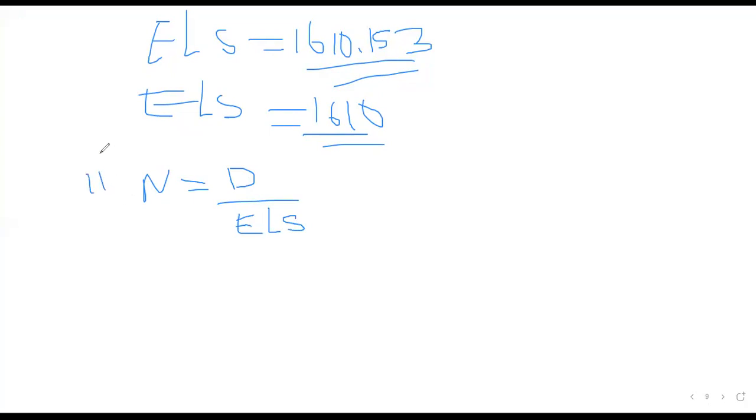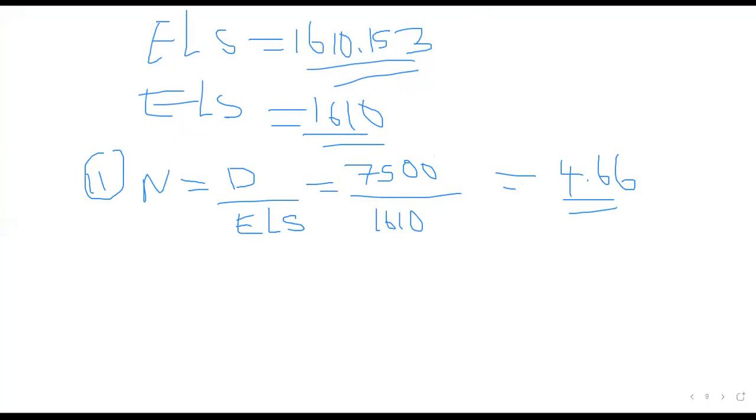So this is number 2. Our annual demand is 7,500, then you divide this by 1610. So 7,500 divided by 1610 is 4.66.